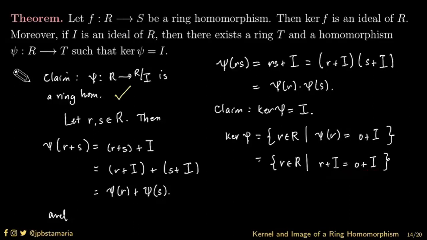Equal ang dalawang coset if the representatives are congruent to one another modulo I. In short, kapag yung difference nila is an element of I. Yun yung ating definition ng congruence, di ba? So when you take the difference of the representatives, R minus 0 is just R. Kailangan yan ay nasa I.